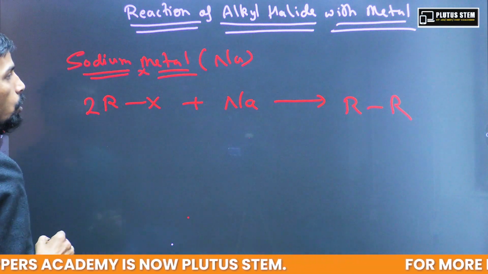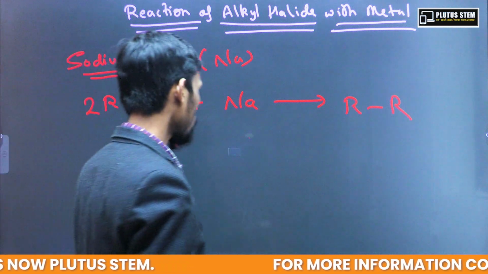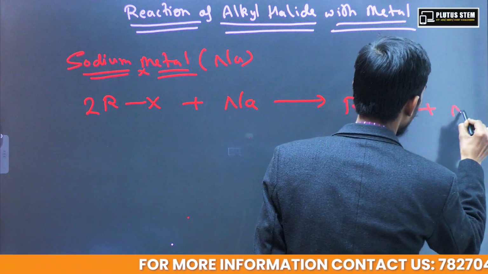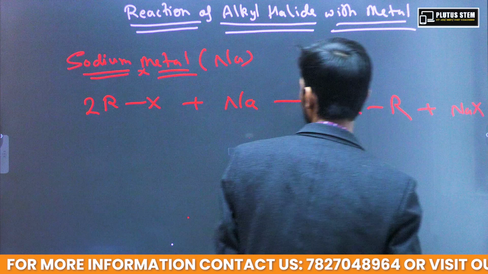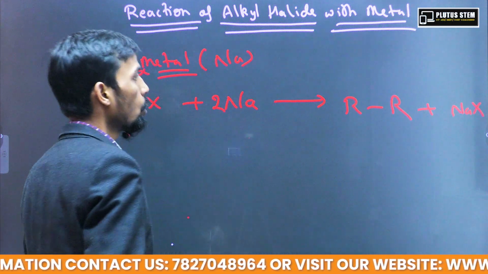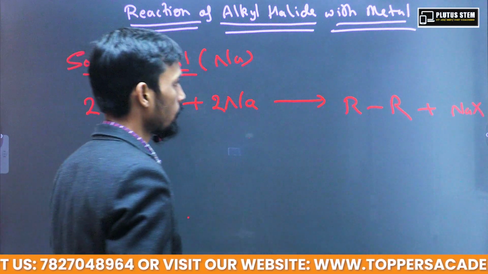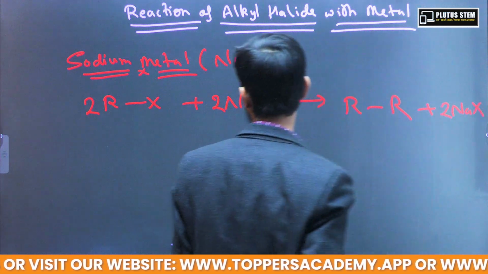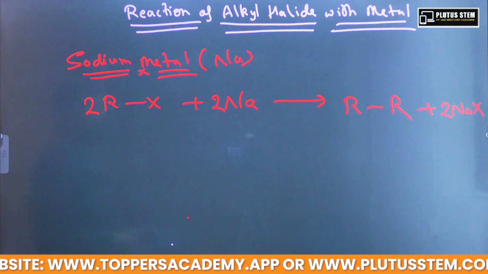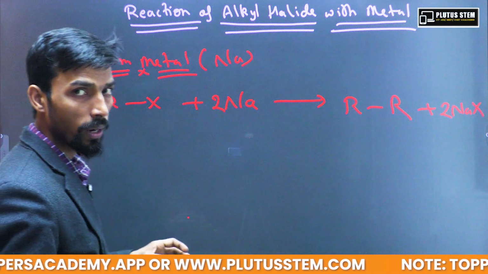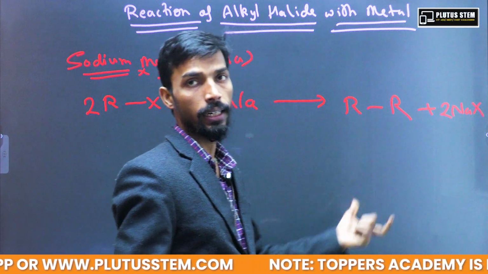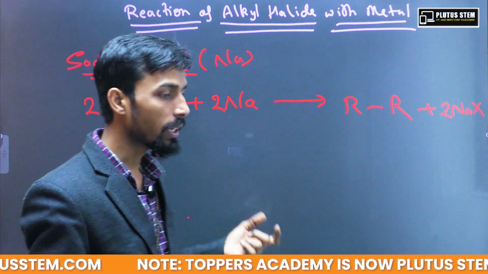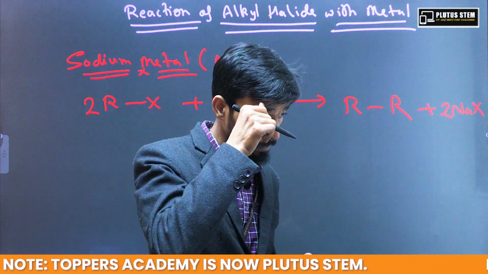We are having 2R over here, plus NaX is going to be liberated, and again this Na is 2Na. So 2RX plus 2Na gives RR plus 2NaX. This is the way we get an alkane product, that is, from alkyl halide we are getting alkane.